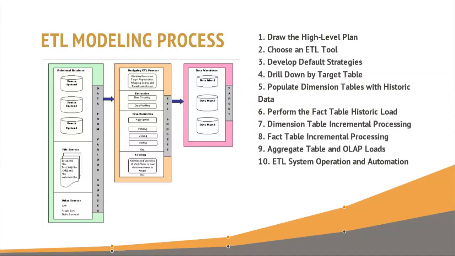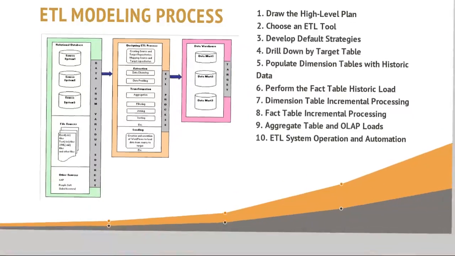After step 4 is complete, which is to drill down by the target table, we will then finish by documenting and describing the table's design, the load frequency, and detail all the source to target mapping and other critical dependencies and logic. Because the fifth and the sixth step of the ETL plan are closely related, most of the same processes and functionality can be reused. Let's take a look at a sample dimension in the next slide for the program or show dimension.